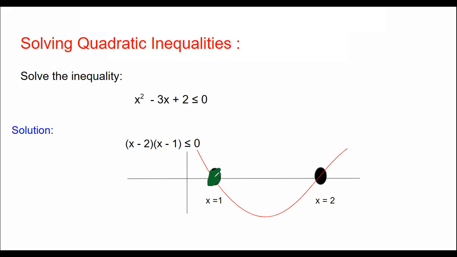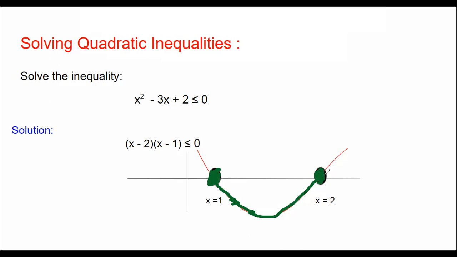I'm shading it in green because I'm including it. And all the points that are beneath because of the less than 0 sign. So all the points that are beneath the x-axis, I'm drawing in green. Those are all the points that are less than or equal to 0. So the green points are just the y values.